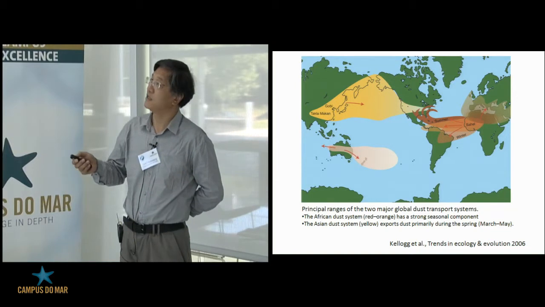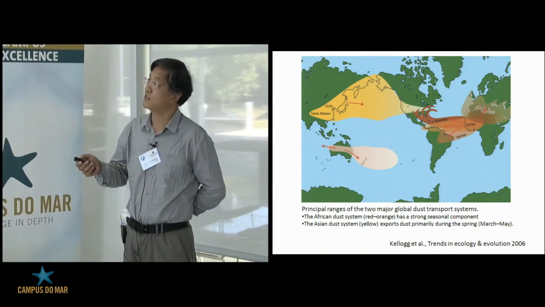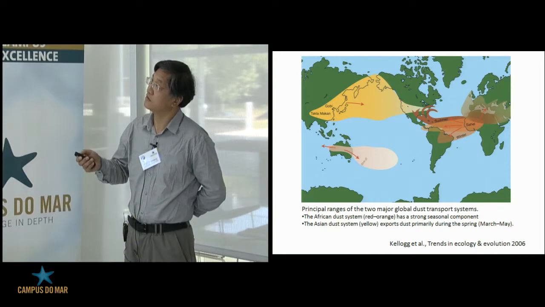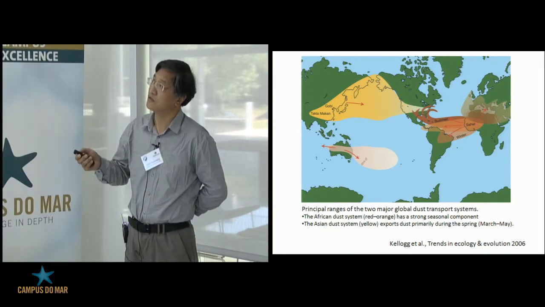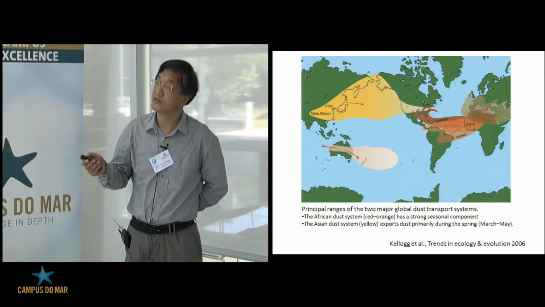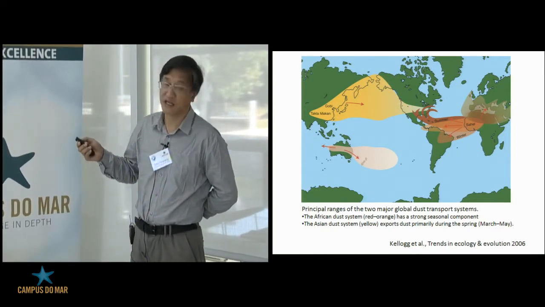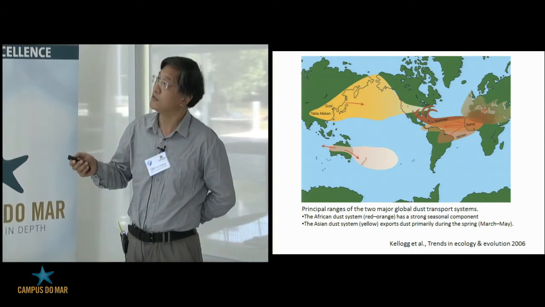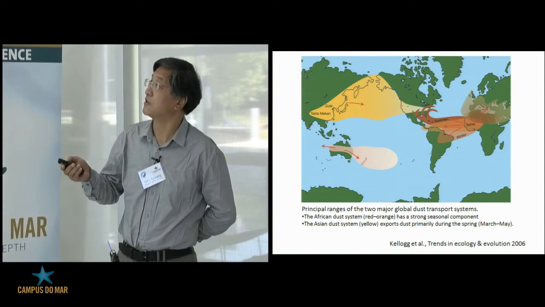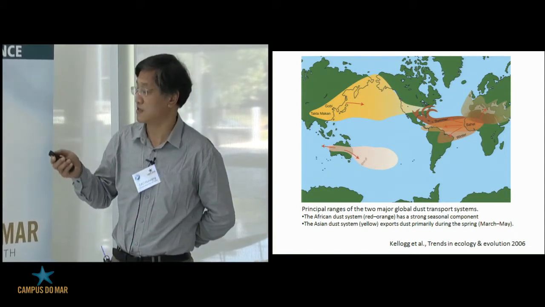The Asian dust systems mostly come from the Taklamakan Desert and the Gobi Desert, and are transported to the northeast. Normally it impacts quite a broad area, even bigger than these areas. But this emission amount is just 1/5 of the Sahara dust.